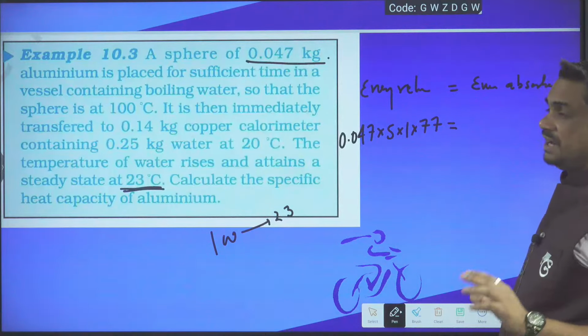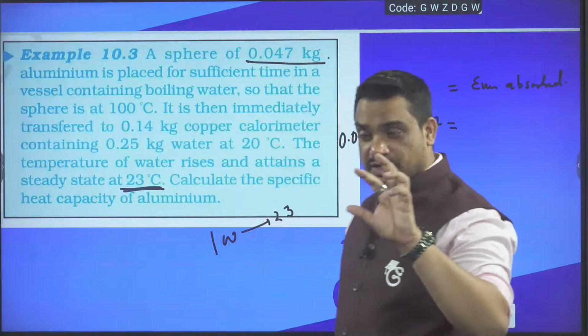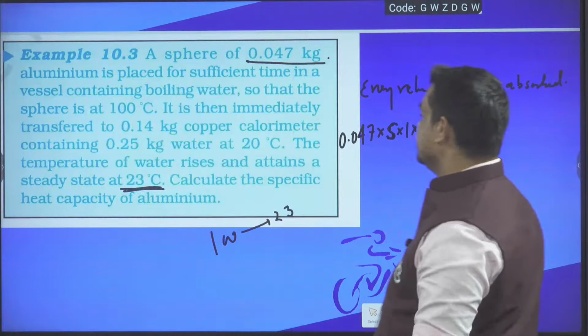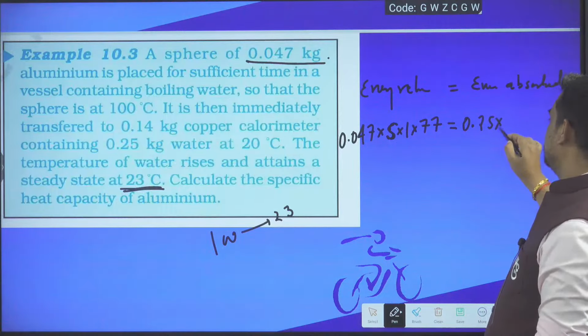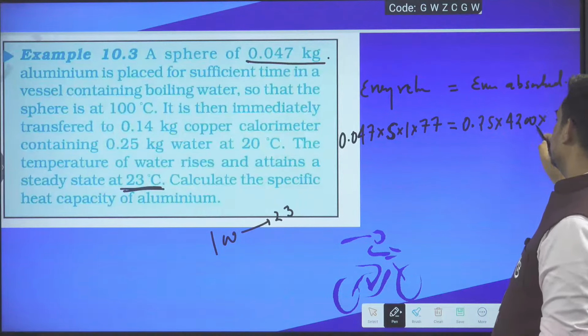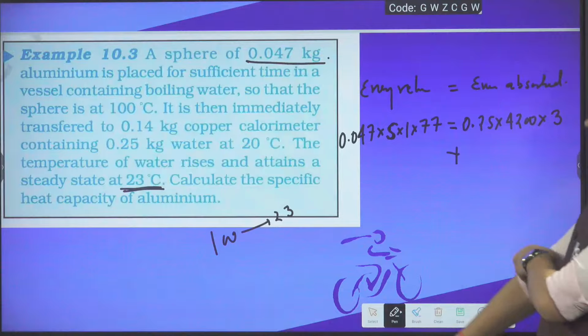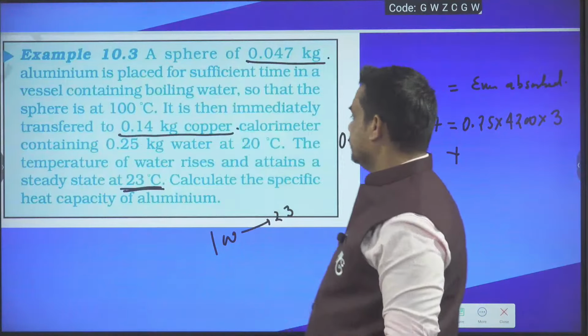This energy, whatever it is, with S being the target to find, is absorbed by the calorimeter plus water. How much will the water take? Water is 0.25, specific heat 4200, delta theta will be 3, plus how much the calorimeter will take, and this is the 0.14 kg copper calorimeter.